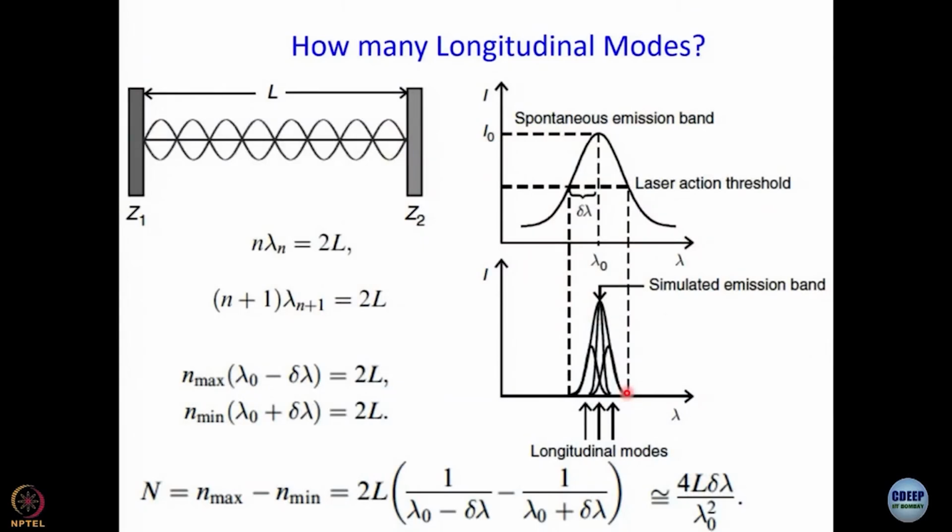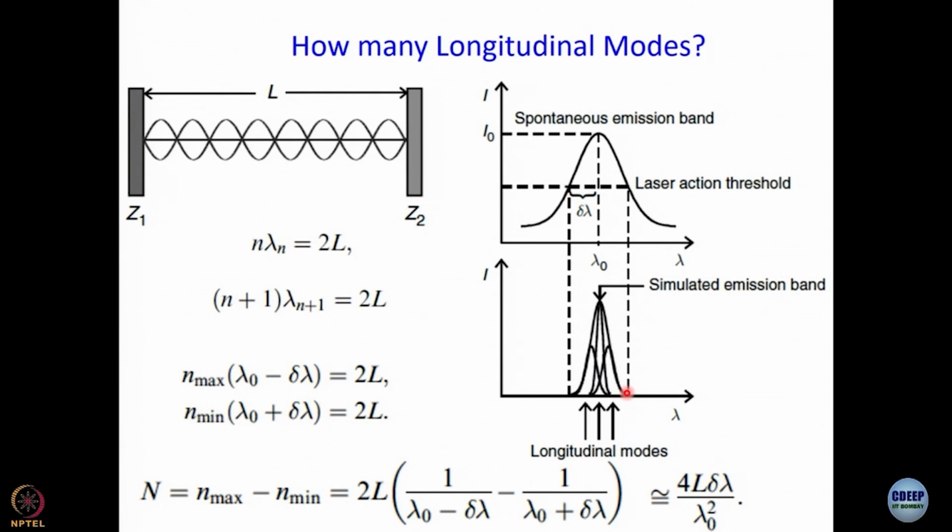Will it help? It will help to some extent, yes. So, let us say L equal to 4 meter. What is a good value of delta lambda? Where does lasing start for titanium sapphire laser? Say 700 nanometer. Let us say 100 on each side. Okay, 200. No, 100, right? So, let us say delta lambda is 100 nanometer.